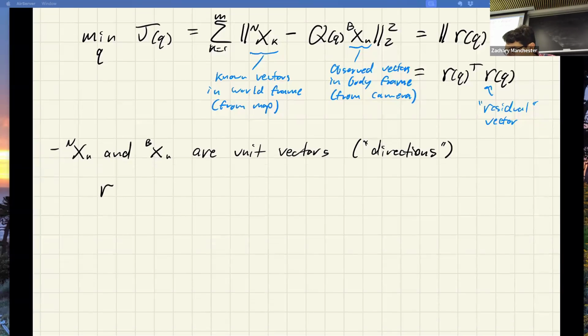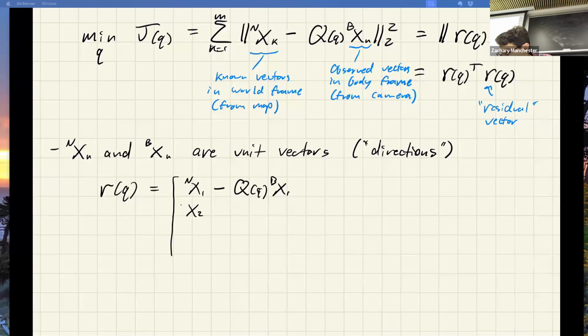And this residual function looks like I'm stacking up all the individual observations. There's the first feature vector that I observe, the second one, dot dot dot until the mth one.